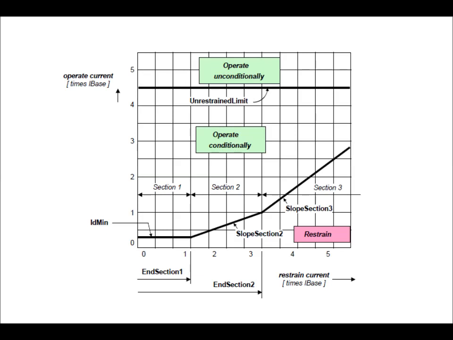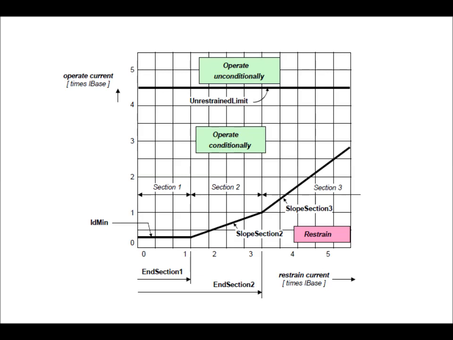Then beyond end section 2, a higher slope is given so that saturation due to CT in through fault can be covered. That is to avoid any maloperation due to CT saturation in through fault condition. And there is also a high set condition, which has been shown in the upper side of the diagram.